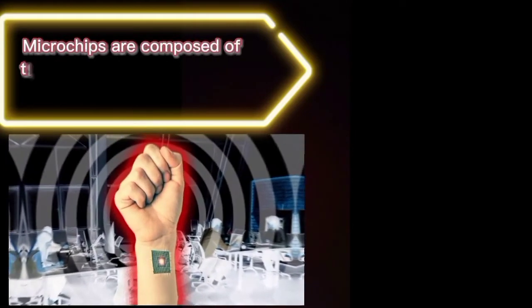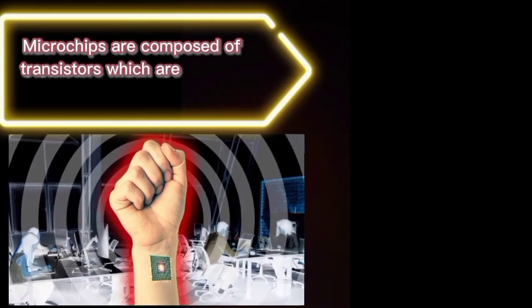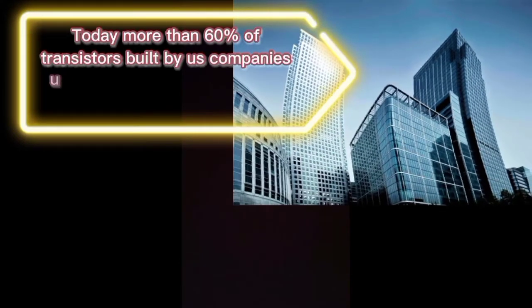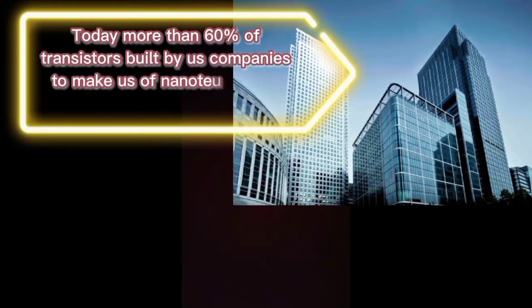Microchips are composed of transistors, which are made of materials called semiconductors. Today, more than 60% of transistors built by U.S. companies make use of nanotechnology.